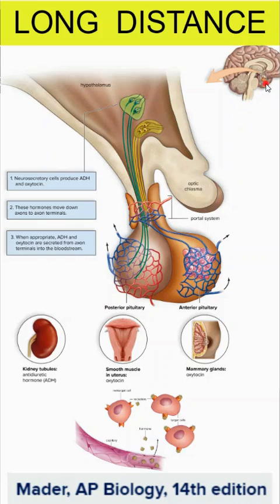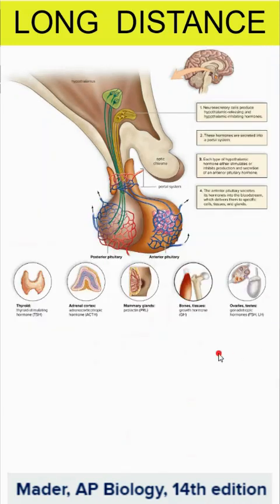So we have our pituitary gland, which has an anterior and posterior pituitary that's located up in our brain, but it can have target cells far away in the body, for example, in the kidney tubules, in the uterus, and in the mammary glands. When we start looking again at the other side of the pituitary gland, we have stimulating hormones that are going to affect our thyroid gland, our adrenal gland, again mammary glands, but growth hormone is going to affect bones and tissues.